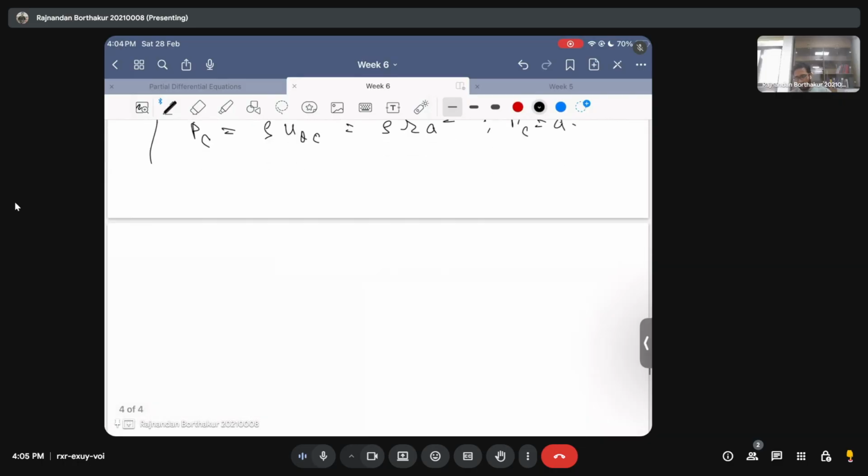So what you need to do is, first of all, write down the boundary conditions. When I say write down the boundary conditions, I mean that you need to write down both the dimensional and the non-dimensional boundary conditions.